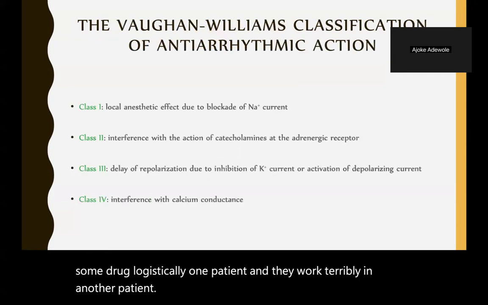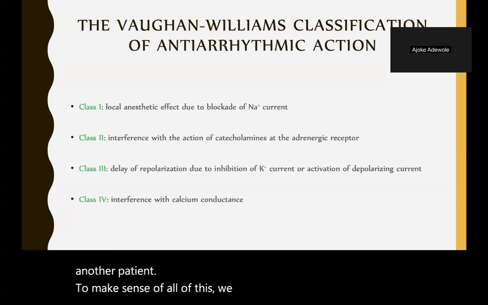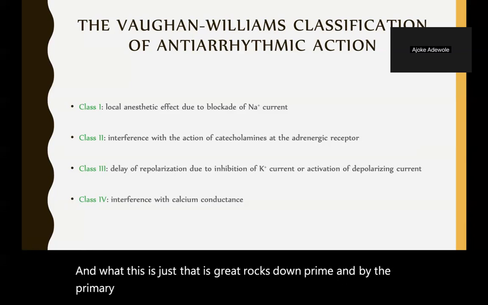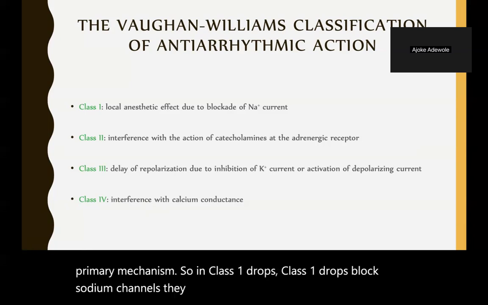To make sense of all of this, we have the Vaughan Williams classification. What it does is break drugs down by their primary mechanism. So in class one, drugs block sodium channels. They slow conduction, and that's where you have your flecainide, right?